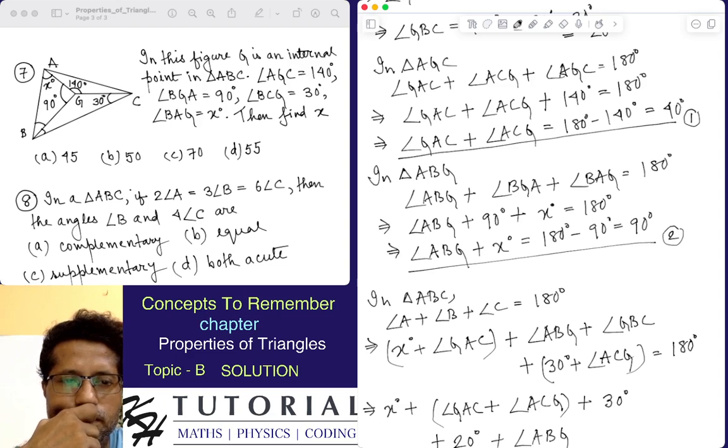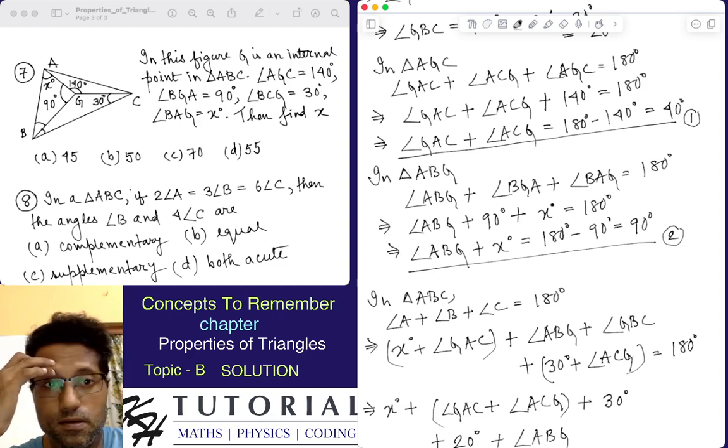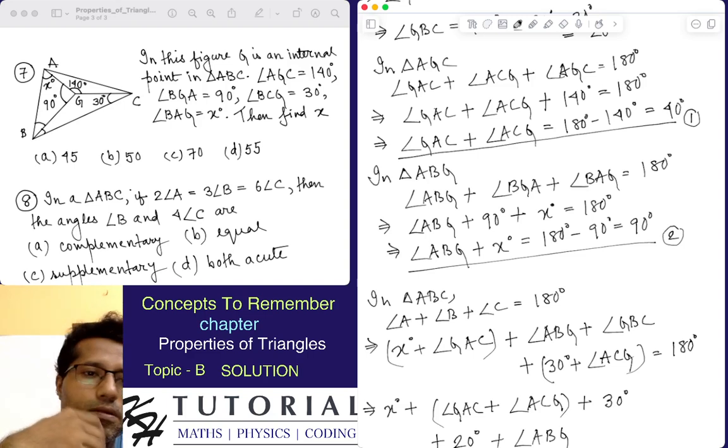This is 90. X plus angle ABG has to be 90 degrees. Now, how do we find angle ABG?